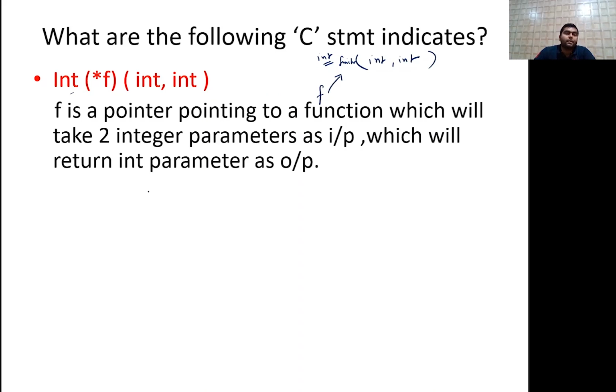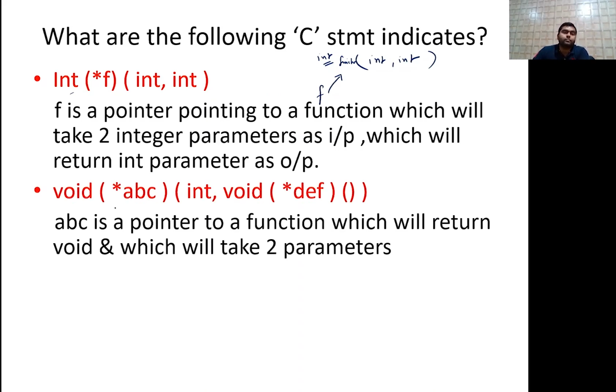Okay, now next is what? void (*abc)(int, ...). So this is again the same, it means abc is a pointer pointing to a function, which is having two parameters. So the first parameter is an integer value and the second parameter itself is a pointer def which is pointing to a different function, and finally this function will return nothing.